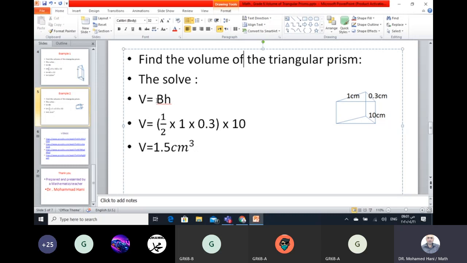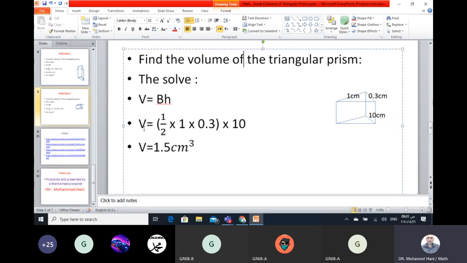So B in capital letter means the area of the triangle, the base of the prism. And the height here means the height of the prism.